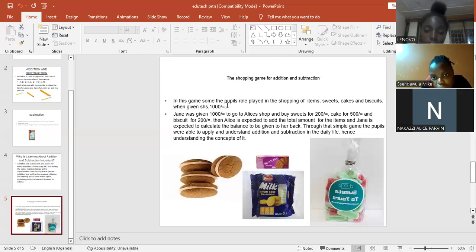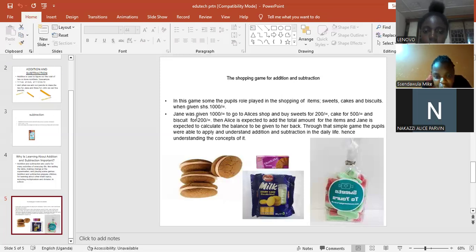Please pay attention. So they are given in shillings 1,000. Are you clearly seeing the screen? Yes. Can you read bullet number 2?